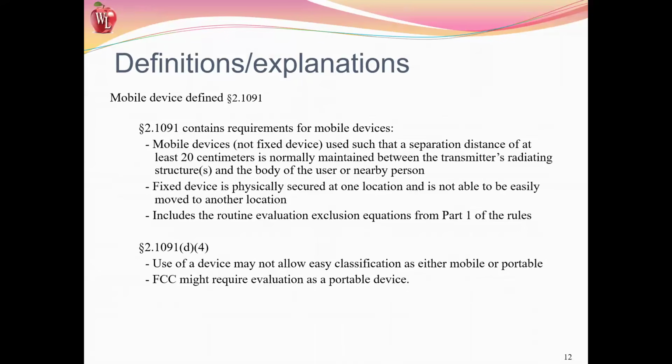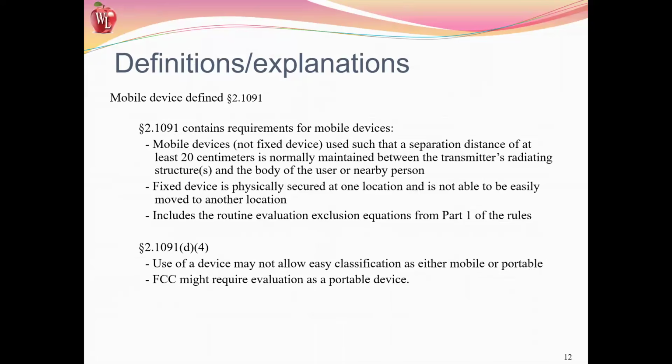Okay, then you have the different types of devices. So you have mobile, portable, and fixed. A mobile device is used such that the separation distance of at least 20 centimeters is normally maintained from the body of the person.